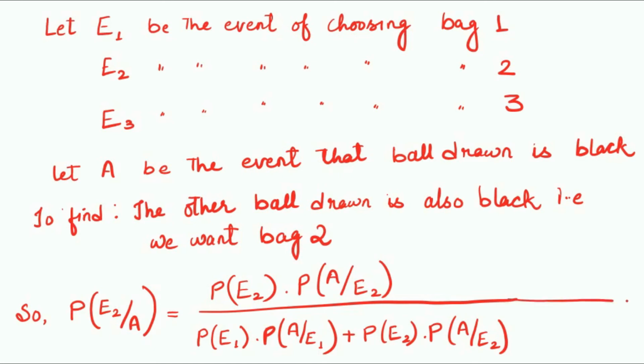Okay, if you can understand how I'm reading, that will be very nice. Plus probability of E3, bag 3, into probability of getting a black ball from bag 3. Okay, so mark this equation as 1.